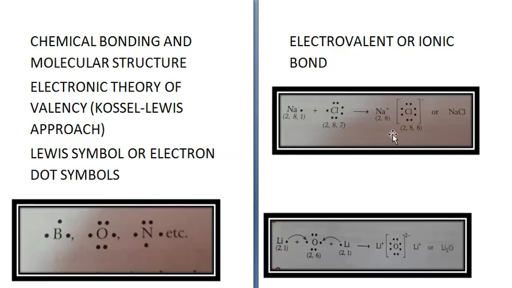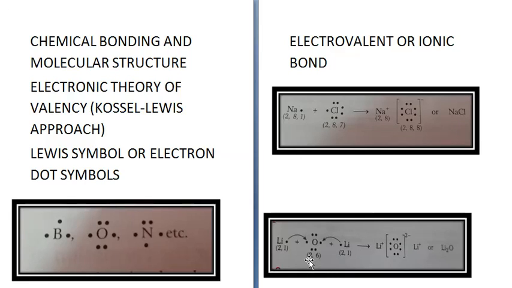Na becomes Na plus. It loses this extra electron and gets the configuration 2, 8, which is a complete octet. And Cl becomes Cl minus. That means it gains 1 electron and its octet also becomes complete, 2, 8, 8. So this forms NaCl.